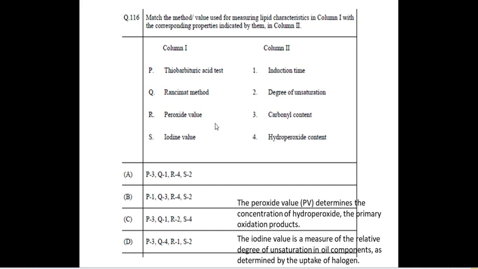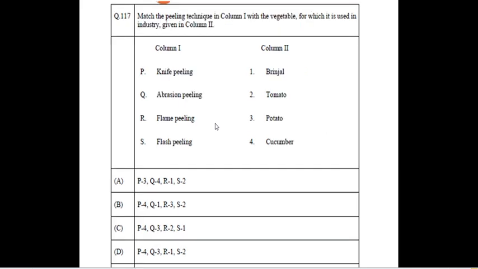Iodine value is generally used to measure the relative degree of unsaturation in an oil compound, and it is determined by the uptake of halogen. So thiobarbituric acid is used to determine the carbonyl content, the Rancimat method for determining the induction time, peroxide value for the hydroperoxide content, and iodine value for the degree of unsaturation.